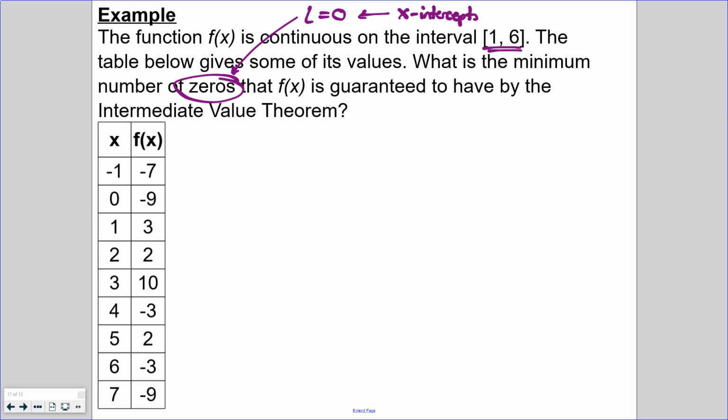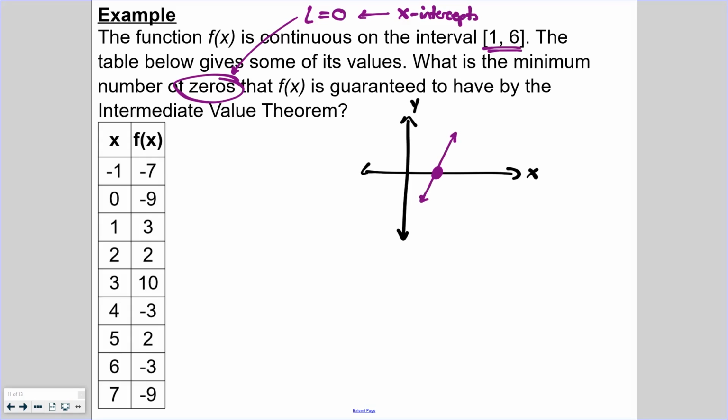So let's take a look just at a random graph, and let's see what happens at an x-intercept. So again, just a graph with an x-axis and y-axis here. And let's just say we have an x-intercept right here. Well, we know that in order to have an x-intercept, our graph has to go through that particular point.